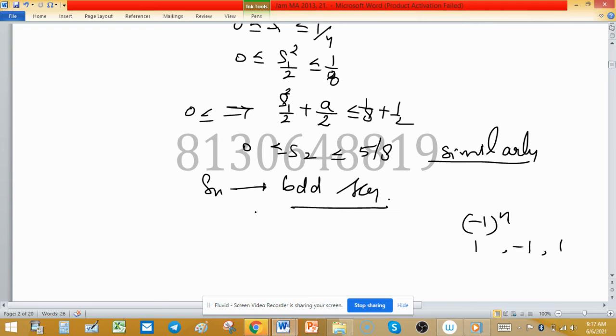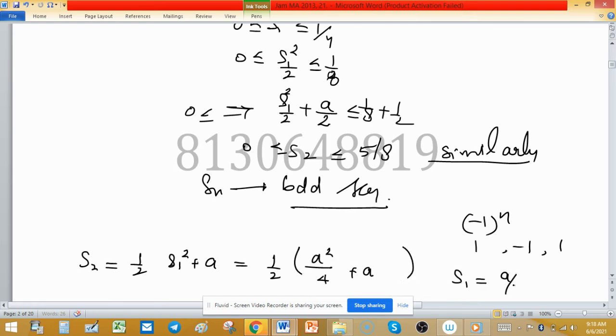As we can see, S2 is half of S1 square plus a, and this one will be half of a square by 4 plus a, because the value of S1 is a by 2.